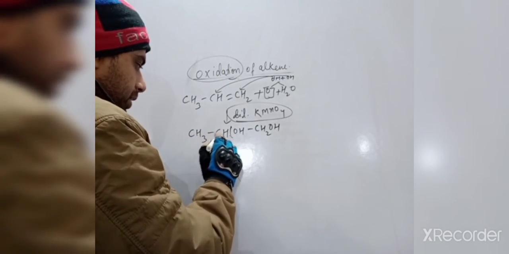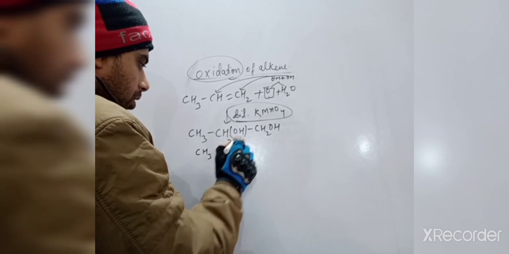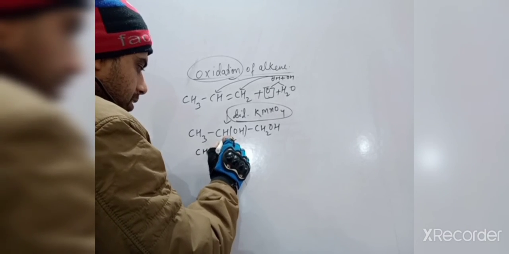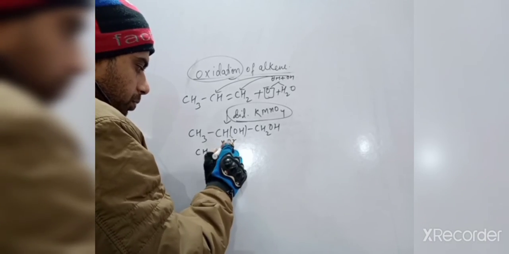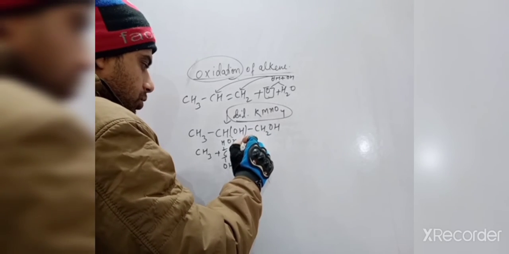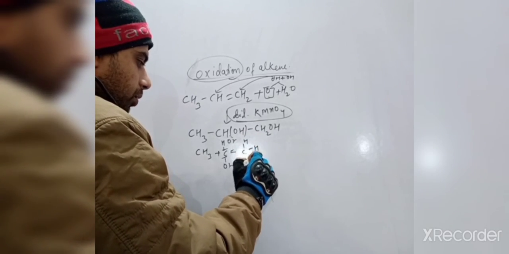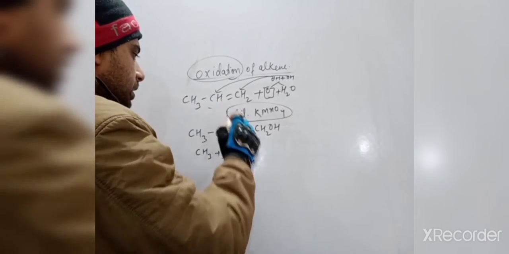Now you can see whether the bonds are satisfied or not. For this carbon, CH3, C, this hydrogen, and this OH will come at this position, then the second bond. So four bonds are there for this carbon, and for CH2, one hydrogen and OH. So both are satisfied, hence we obtain this product.